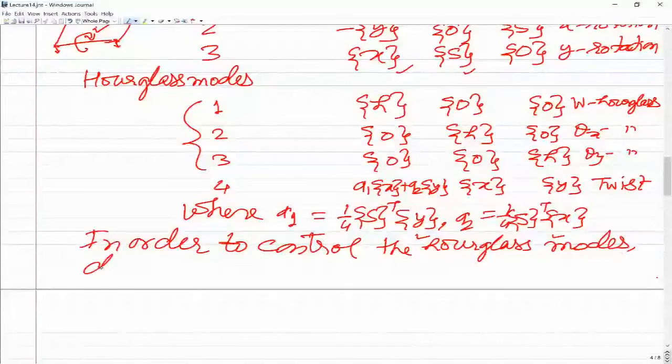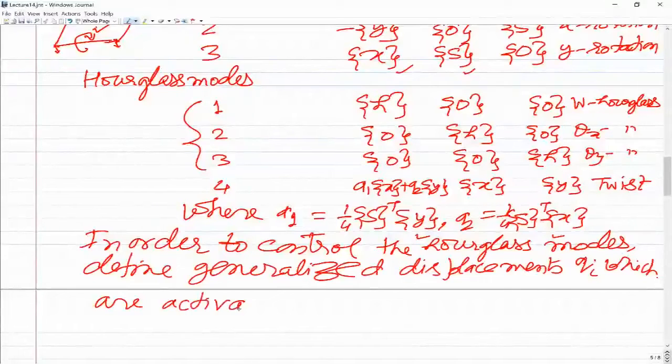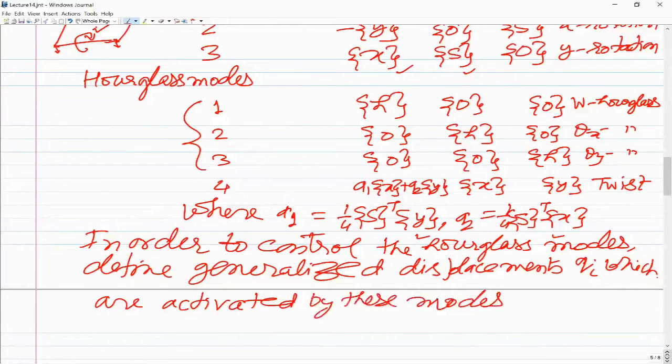we define generalized displacements qi corresponding to hourglass modes, which are activated by these modes, that is hourglass modes, but vanish in rigid body motion.